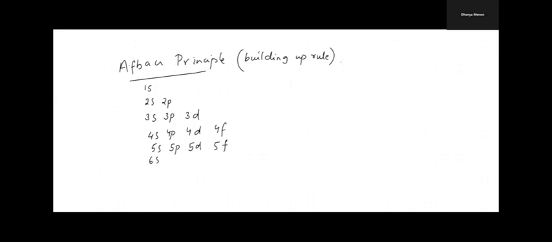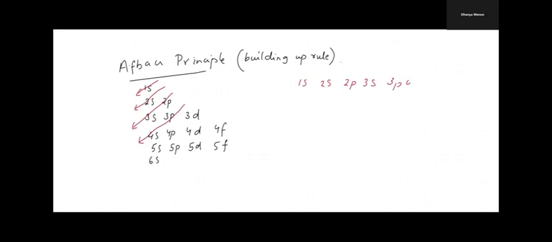Okay. Now, first, the electrons fill the 1s orbital because it has less energy. Then it fills the 2s. So 1s is filled first, then 2s, then after that 2p, and then 3s. Then 3p, 4s.